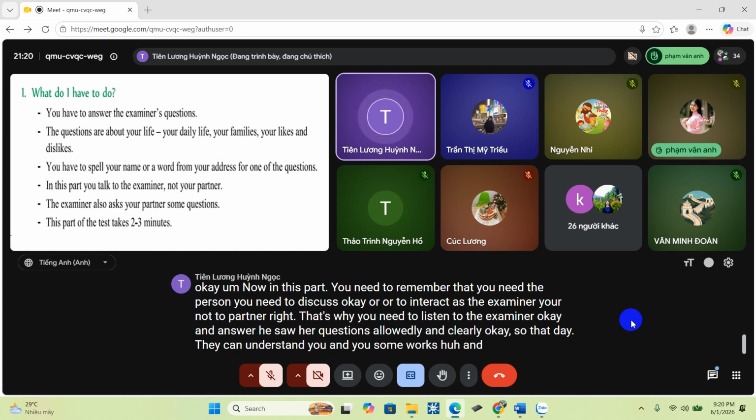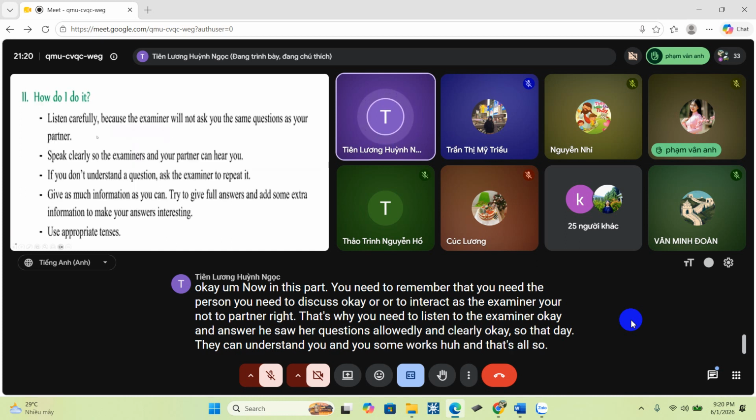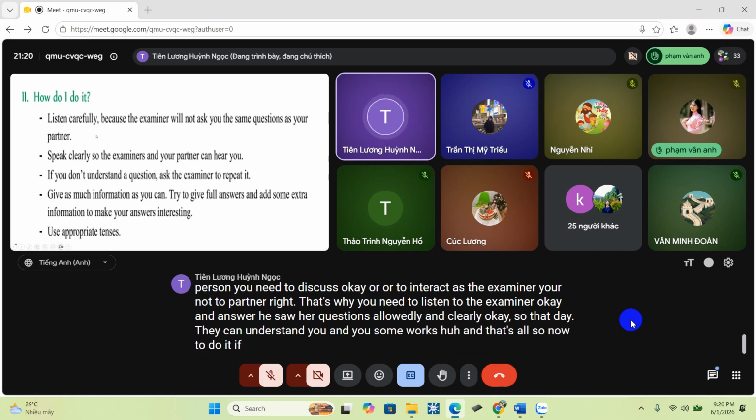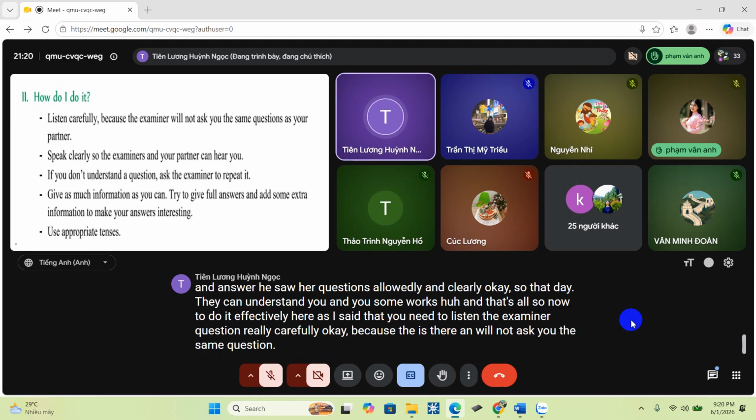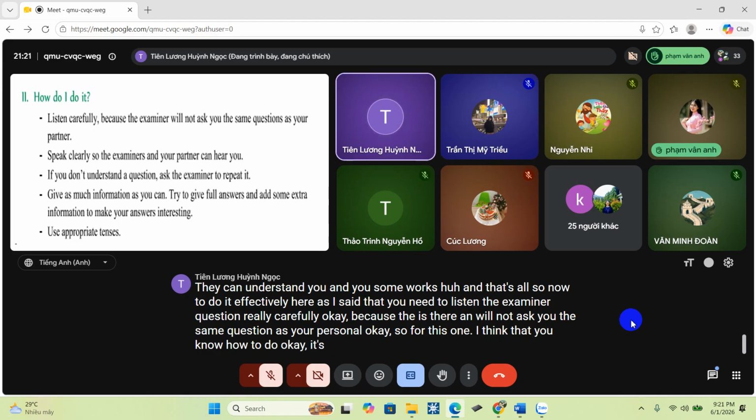To do it effectively, you need to listen to the examiner's question really carefully, because the examiner will not ask you the same question as your partner. I think you know how to do this part. It looks like what you did in Speaking One.